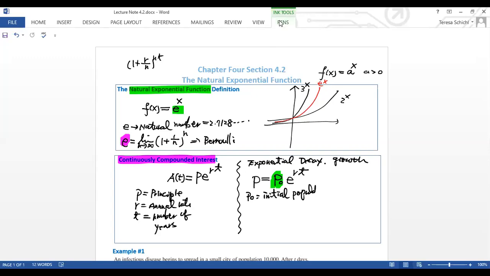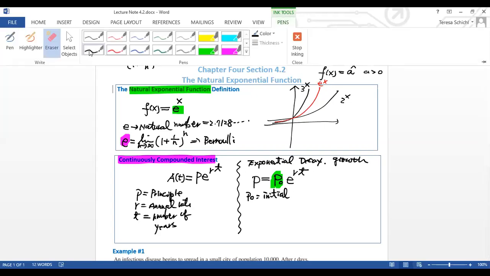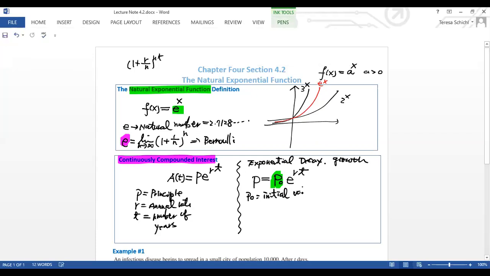If you don't want to use a population, you say this is the initial value here. And then R is the rate. If you have a negative R, that means I'm going for exponential decay.